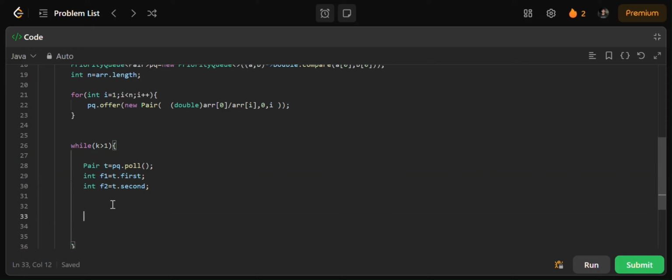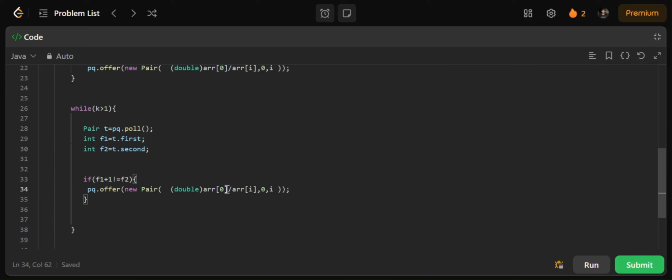So if we see that the next element is not the f2, that means we push them in the priority queue, and this will be ARR of f1 plus 1 by f2, and this is also f1 plus 1 by f2.